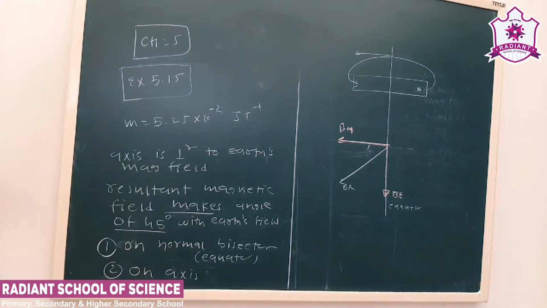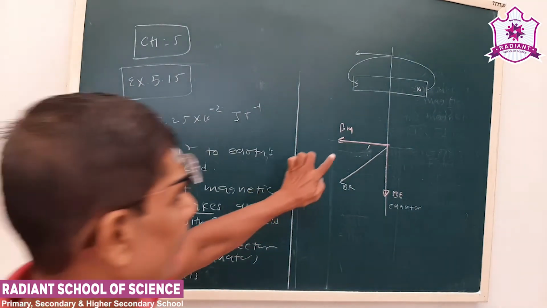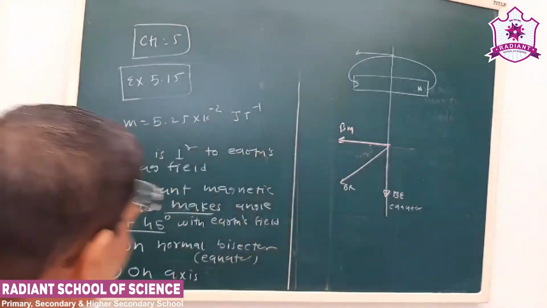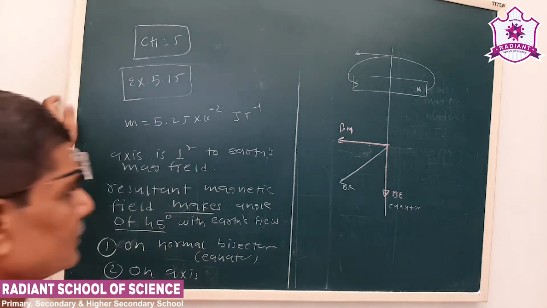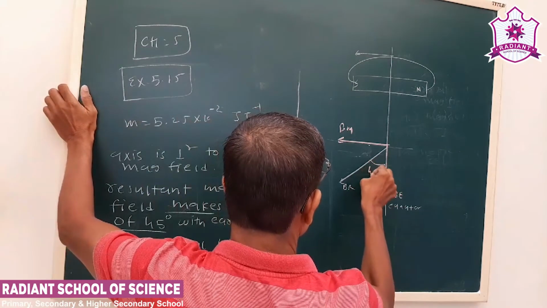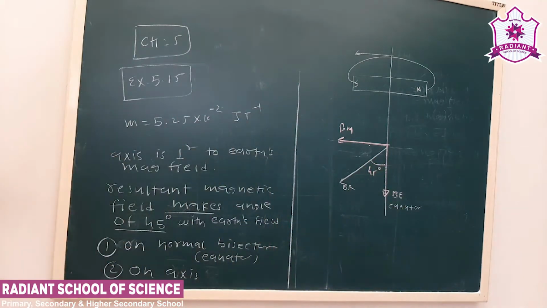BR is the net magnetic field. The question says that the resultant magnetic field makes an angle of 45 degree with the Earth's magnetic field. See, this angle is 45.